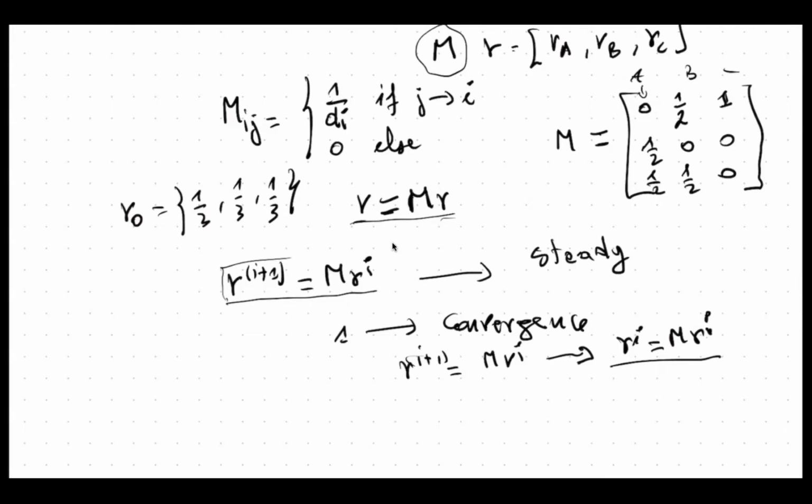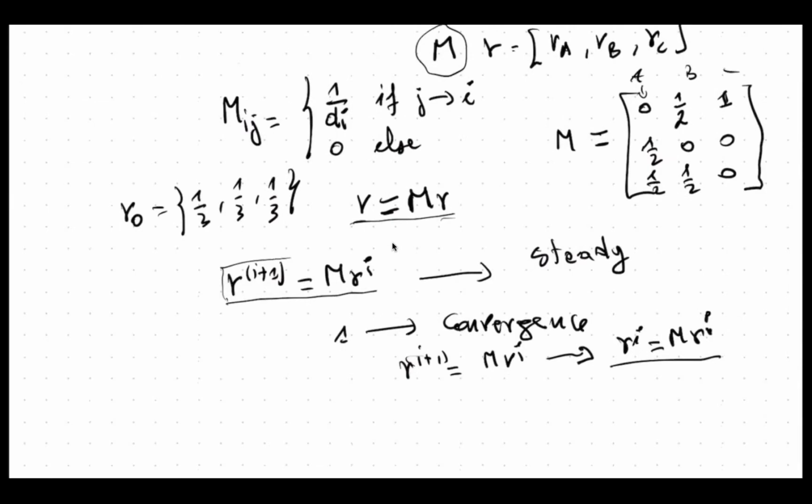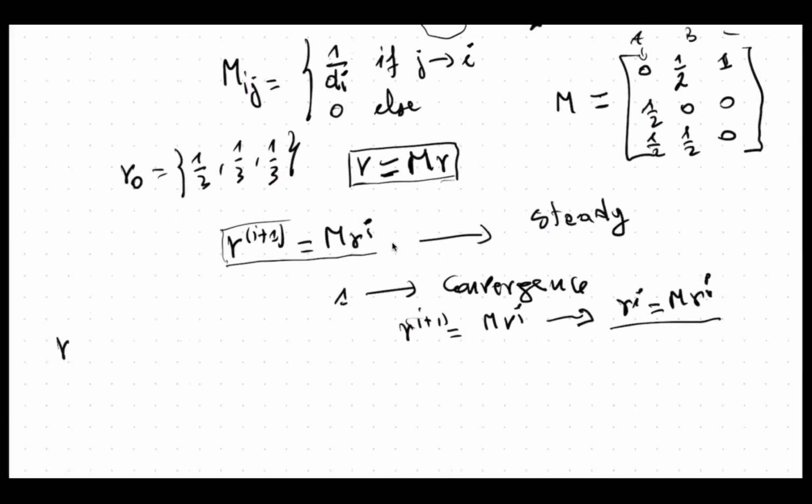Another thing you can look at is that this formula also tells us that R is the eigenvector of the matrix M. We will have convergence for the repetition of R_{i+1}.